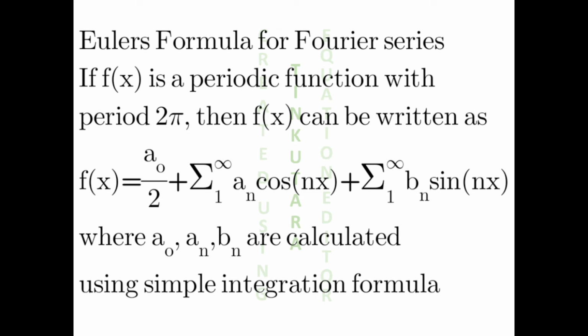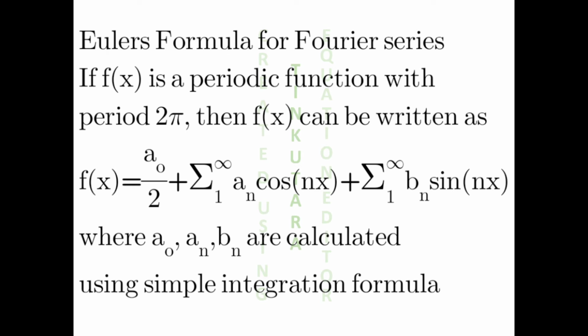Now we shall discuss what Euler's formula is. Suppose f of x is equal to f of x plus 2 pi and f(x) is defined on the interval, say c to c plus 2 pi. c is the initial point of the interval, c plus 2 pi is the end point of the interval, and the length of the interval is 2 pi.